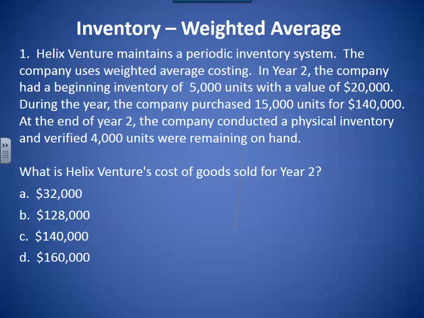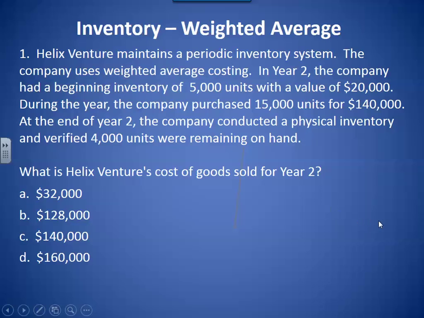Number 1 is Helix Venture maintains a periodic inventory system and the company uses a weighted average costing. Now, what we have to remember is that weighted average costing is always used with periodic inventory systems. So we probably could have, if we just said weighted average costing and didn't say periodic inventory system, you'd have to still assume it's part of a periodic inventory system.